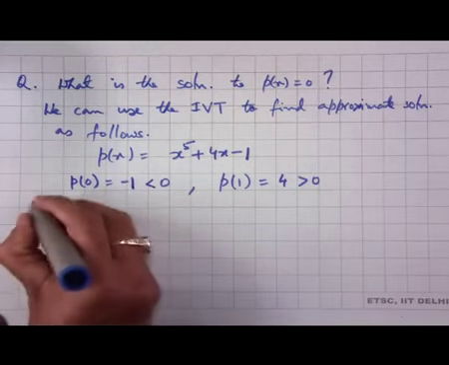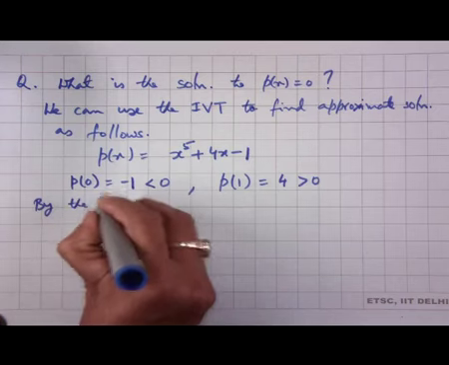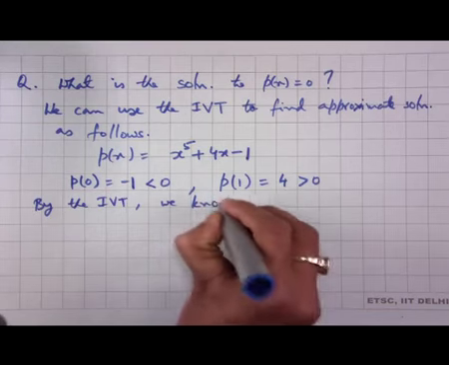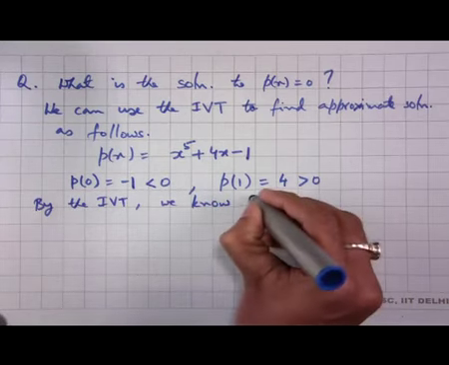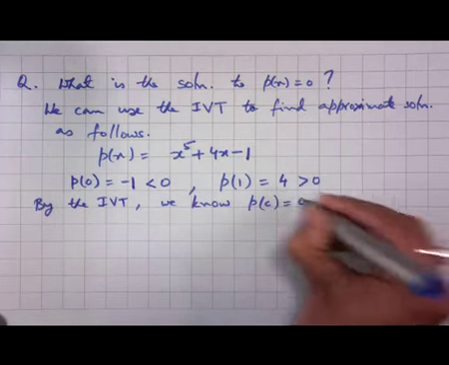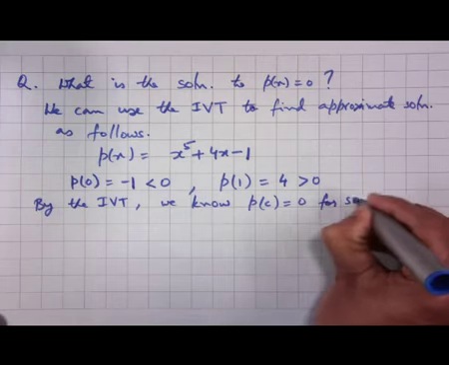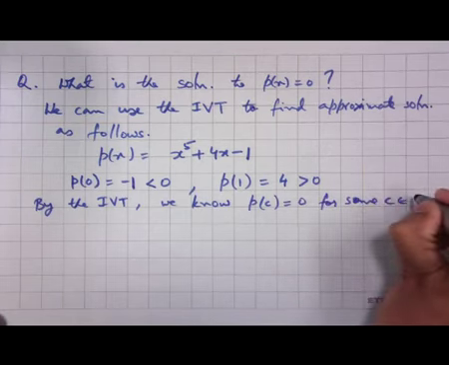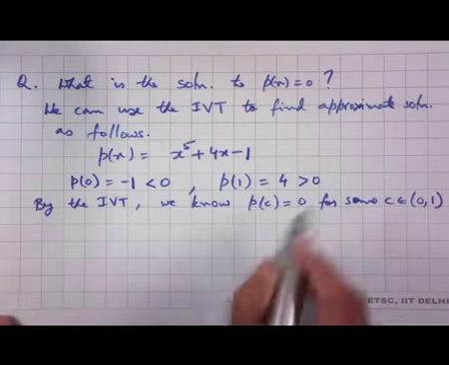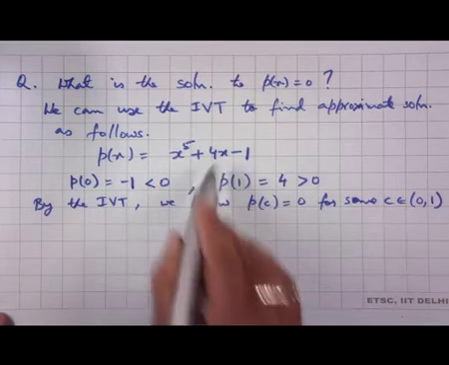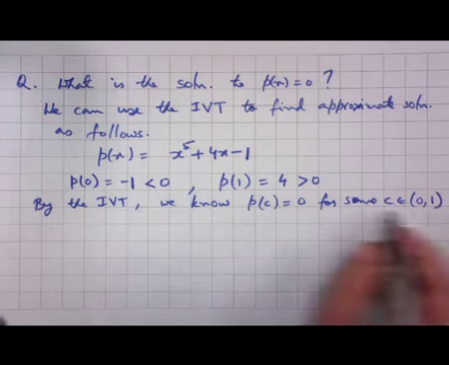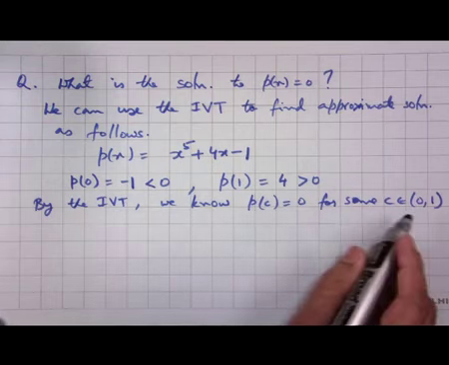So, by the intermediate value theorem, p of c is equal to 0 for some c between 0 and 1. So, you have to look for the root of this polynomial only in the interval 0 to 1. There is no other root, so there is no 0 outside this interval.